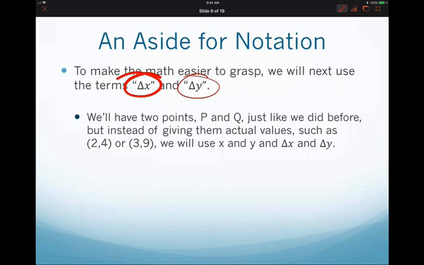So instead of having numbers for P and Q, remember before we had P was 2 comma 4 and Q was 3 comma 9, we're just going to use x and y and delta x and delta y.